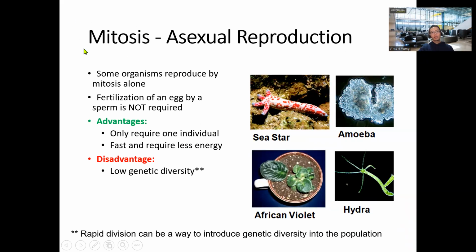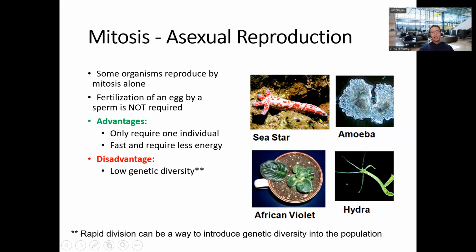Okay, and they use mitosis or cell division as a main way of creating more of themselves. So things like starfish, amoeba, many plants, and some organisms like the hydra. They all reproduce asexually.